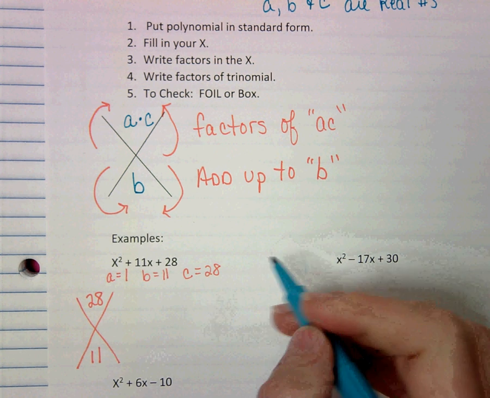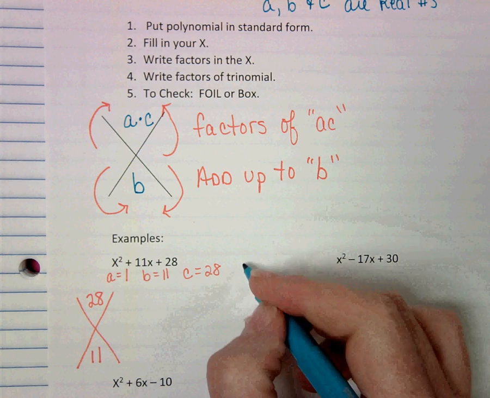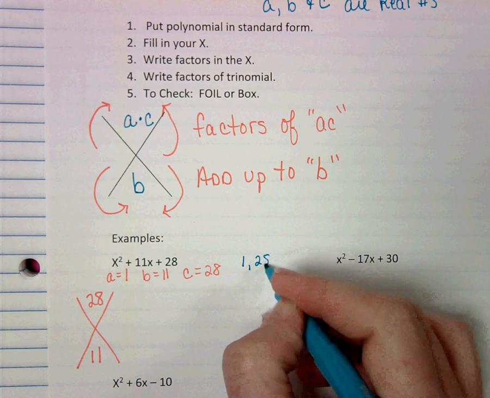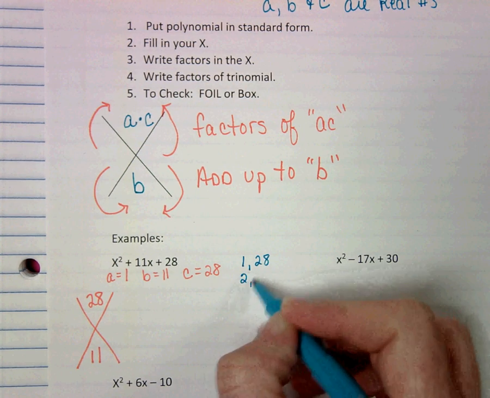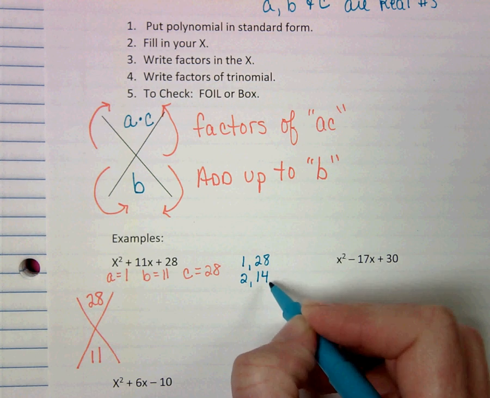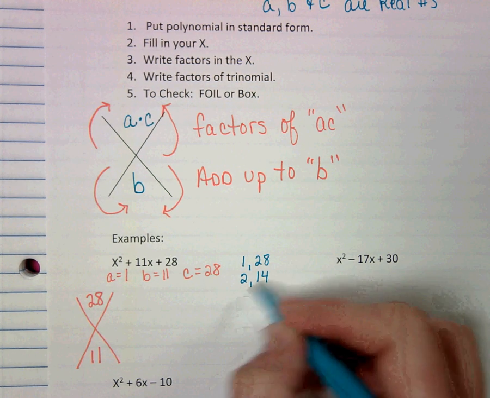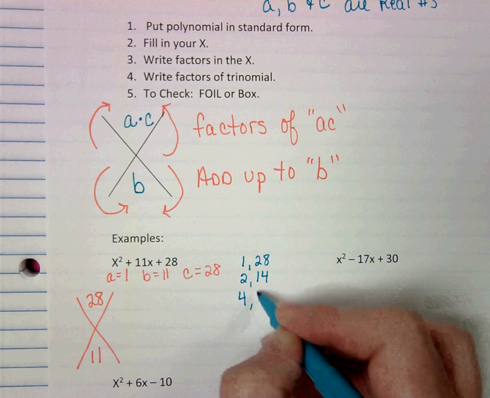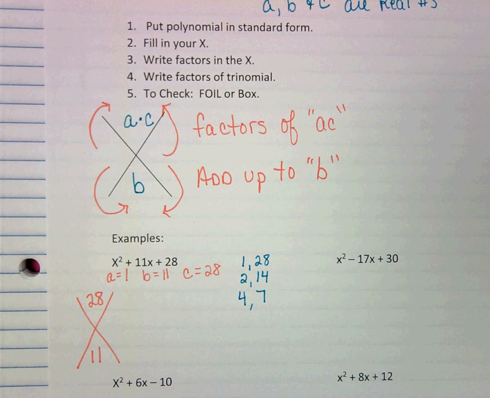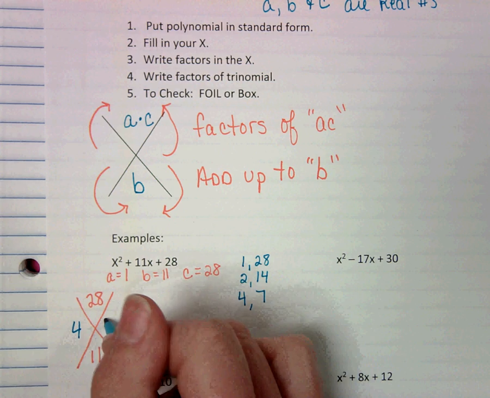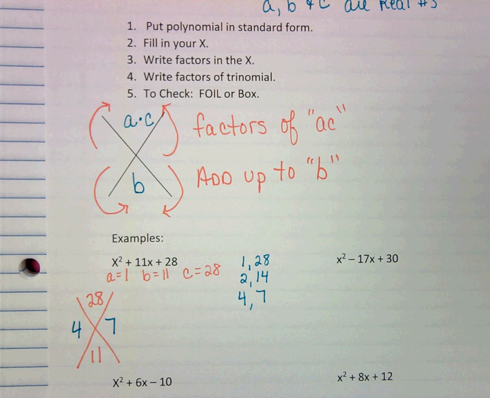If it's not, though, you can start listing the factors. For example, we have 1 and 28. We have 2 and 14. So far, none of those add up to 11. 3 doesn't go into 28. 4 does: 4 and 7. Oh, look, 4 plus 7 is 11. So those would be the numbers I would put on the side.